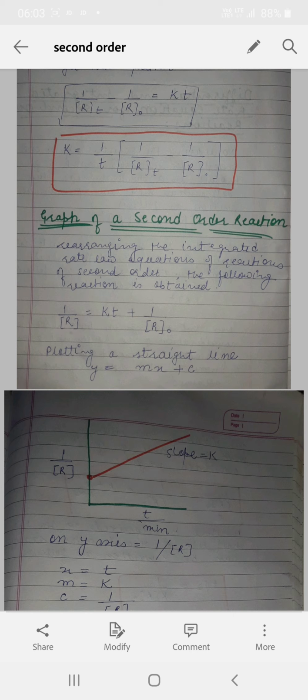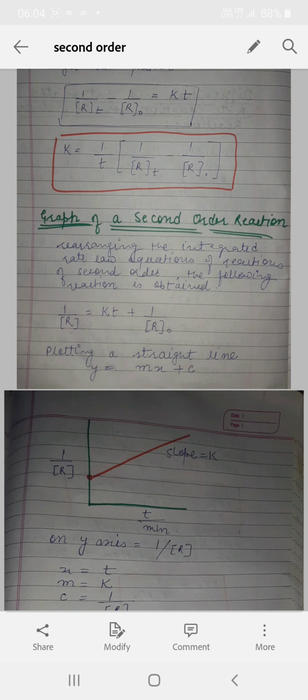Plotting a straight line, y is equal to mx plus c. You know it is a straight line equation. Here we take on the y-axis 1/[R], on the x-axis t, slope m is equal to k, and intercept c is equal to 1/[R]0.